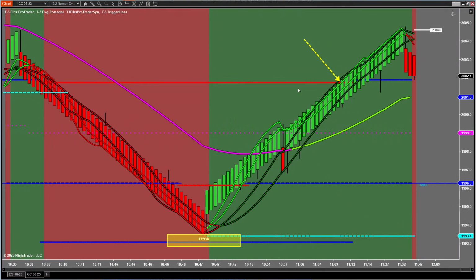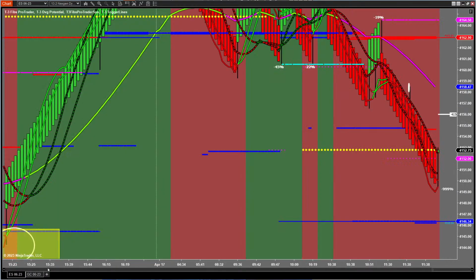Remember how they said, oh, they might hold at the fib? I drew a little arrow there just to see what would happen after the fact. Trading against the trigger line sucks. That proves it. That was gold.